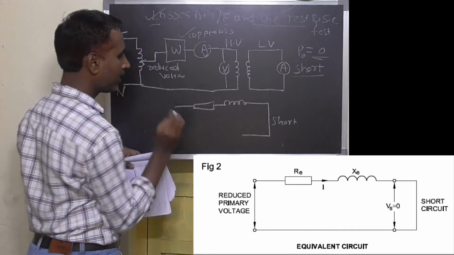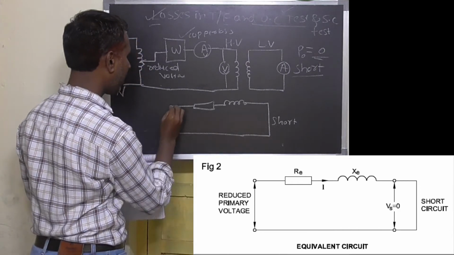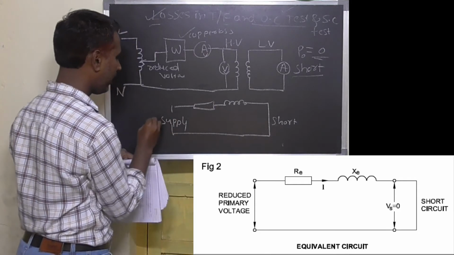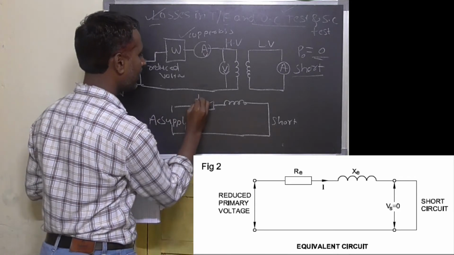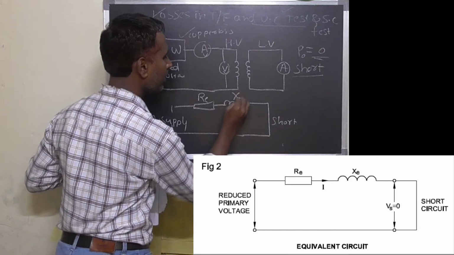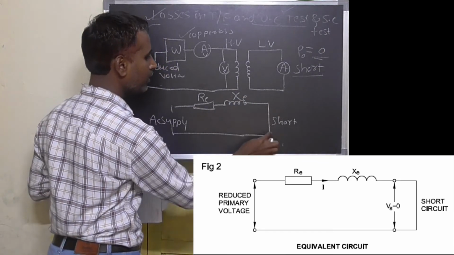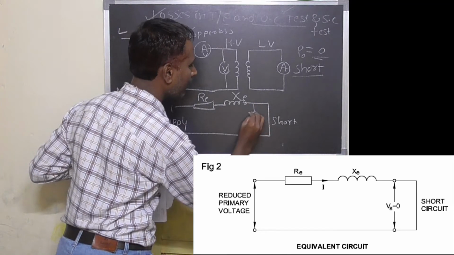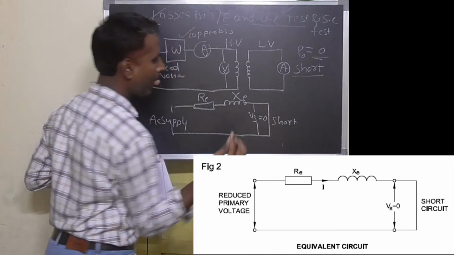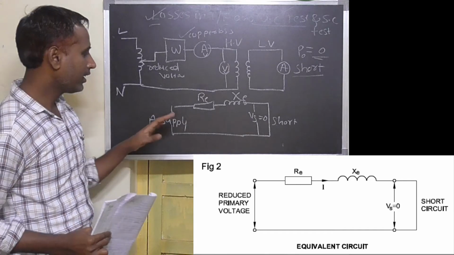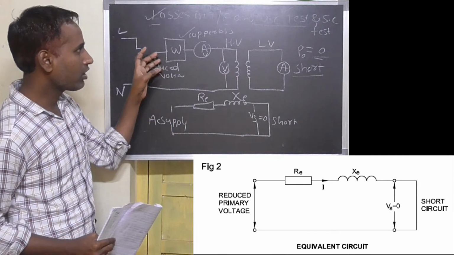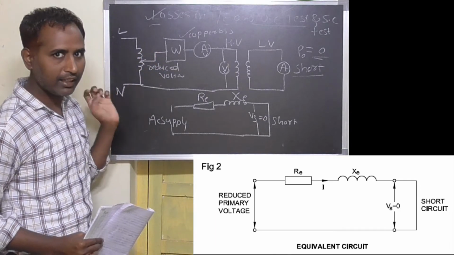Here I am applying the AC supply. This is shorted, that's why the secondary voltage is 0. Friends, this is important. This is the equivalent circuit diagram of the short circuit test.